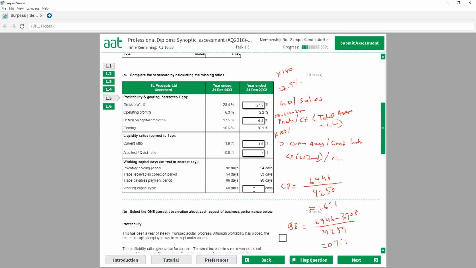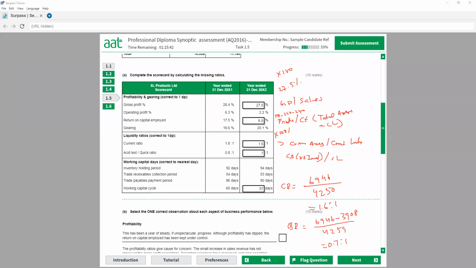And the working capital cycle is quite easy: we add 94 plus 53 minus 90, that gives me 57 days. That's it. It will give you an easy 10 marks. It's not very difficult at all. All of us should get full marks on the ratio analysis question.